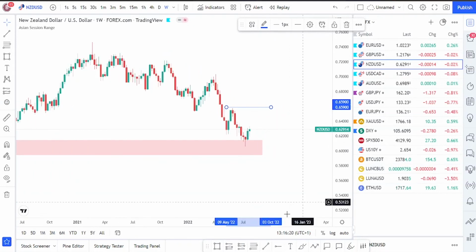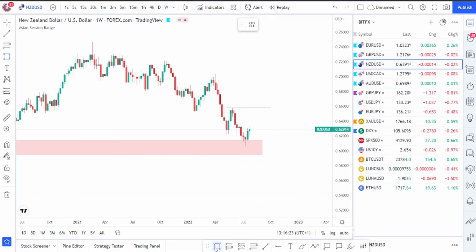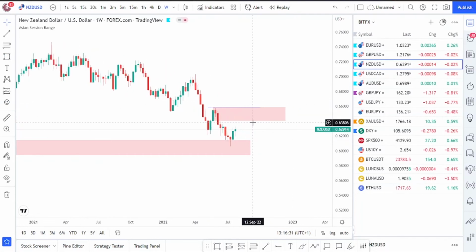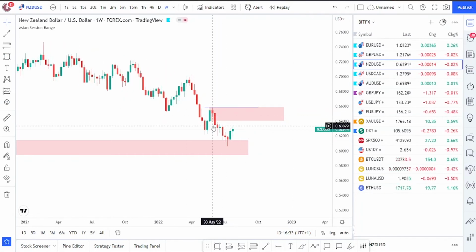Now a strong area would be this order block right here. This order block is very strong because it is followed by an imbalance as well. It's a very strong area of supply, so we can expect a very strong reaction from this zone.